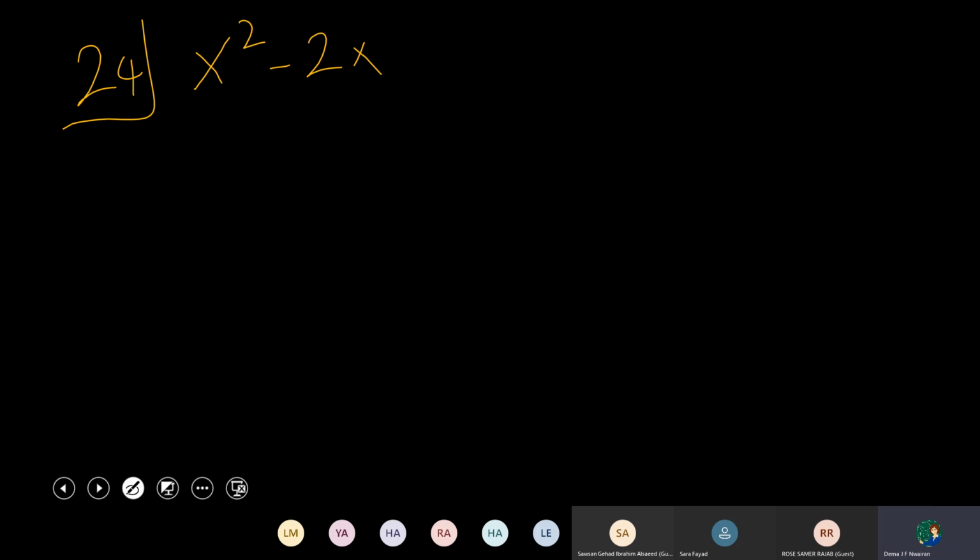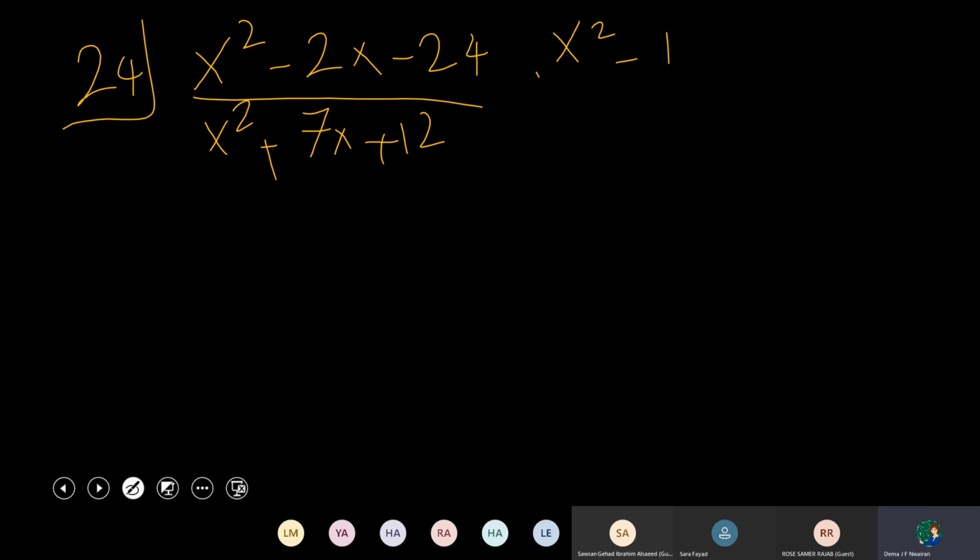In number 24 here, I have x squared minus 2x minus 24 over x squared plus 7x plus 12 multiplied by x squared minus 1 over x minus 6.